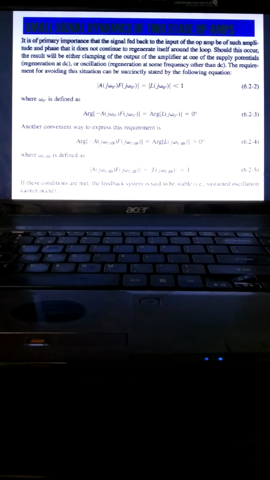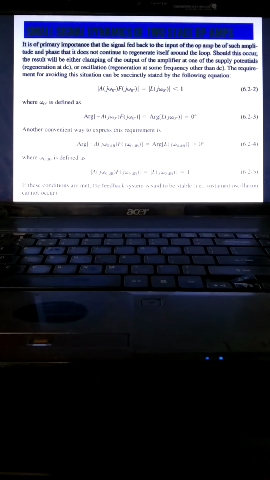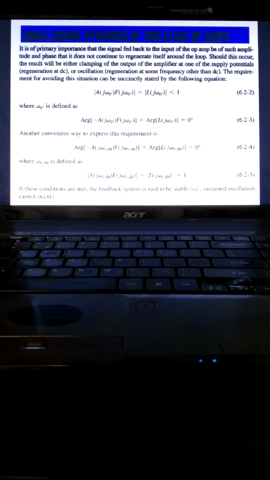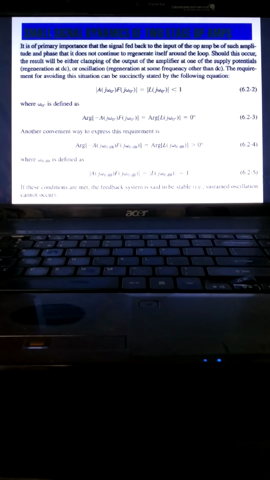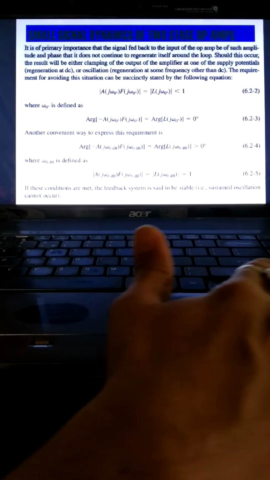The angle of the loop gain should be greater than or equal to 0 degrees, where omega 0 dB is defined by the loop gain equal to 1, or the modulus of the loop gain equal to 1. If all these conditions are satisfied, then the feedback system is said to be stable, or sustained oscillation cannot occur. Now the fourth equation, from the phase margin.